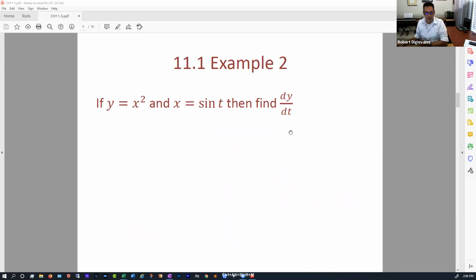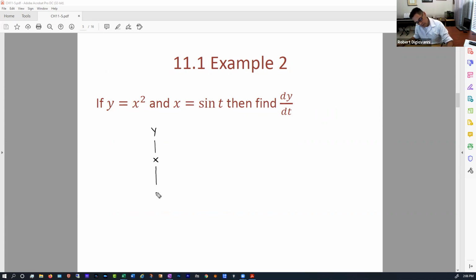So we're going to do an example of this one. So y here is x squared and x is sine of t. I want us to find dy/dt. I'm going to do this a little different than what you're used to seeing, because of where we're headed. Right now I realize that y depends on x. To know what y is, I have to know what x is. But x depends on t.